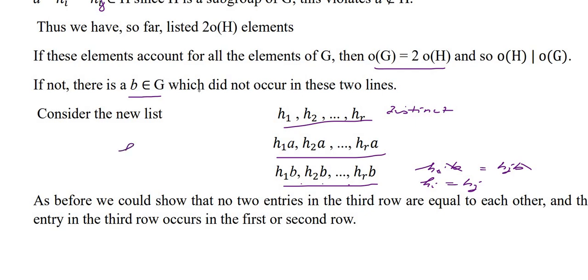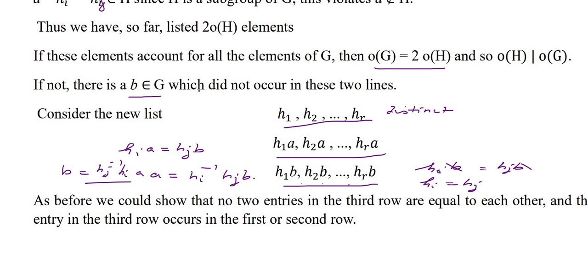If not, as before, HiA is equal to HjB, say. Then we will have A equal to Hi inverse HjB. Or you can even say that B, pre-multiplying, is Hj inverse Hi A. But B does not take this form at all.